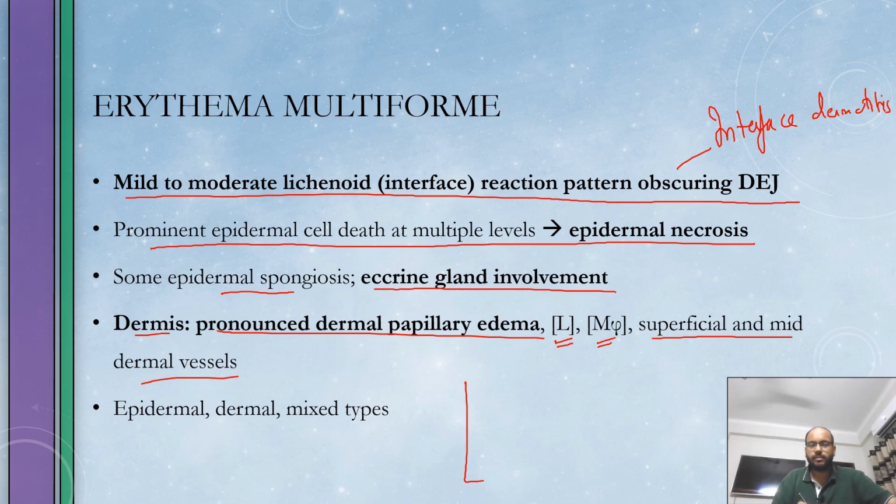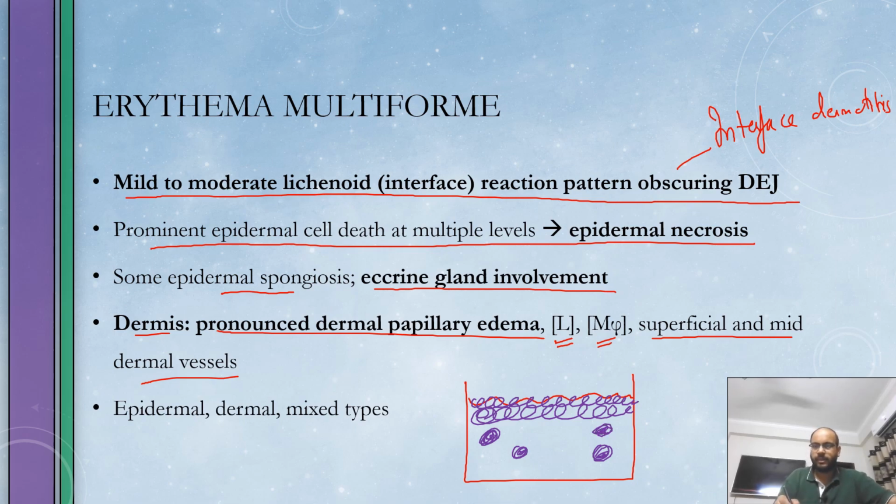So if we make a small schematic diagram, at the dermoepidermal junction, the infiltrate is present at the junction. Okay, it obscures the dermoepidermal junction and it is also involving the mid and superficial perivascular location.